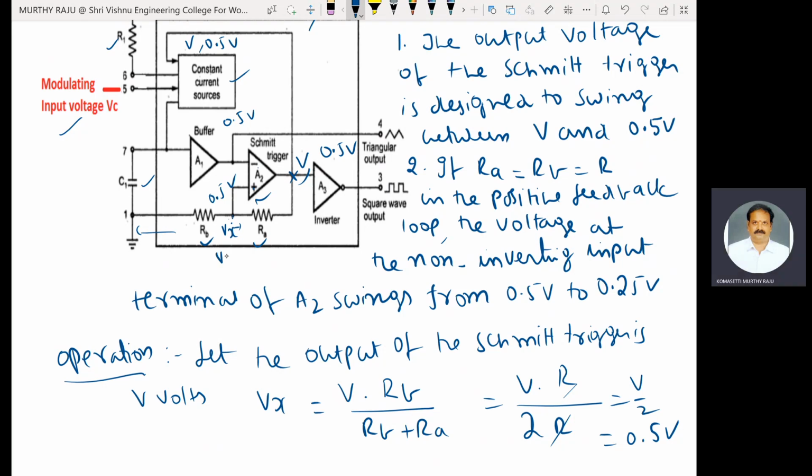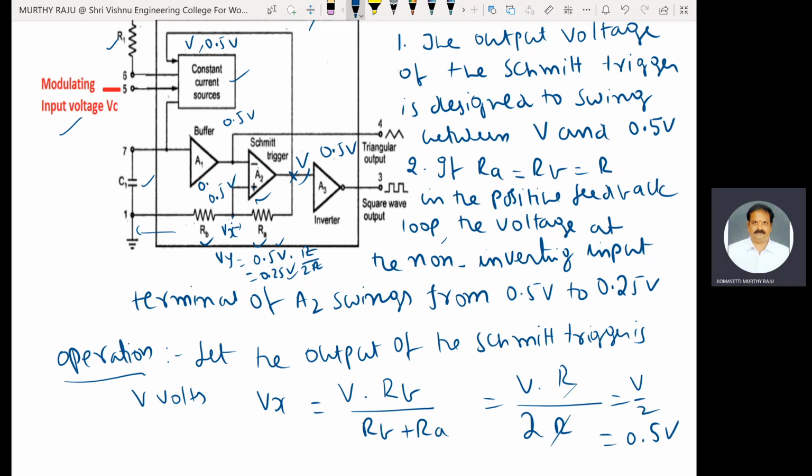Here again Vx is equal to 0.5 V into R by 2R, that is equal to 0.25 V. If RA is equal to RB is equal to R in the positive feedback loop, the voltage at the non-inverting terminal of A2 swings from initially 0.5 volts to later 0.25 volts.